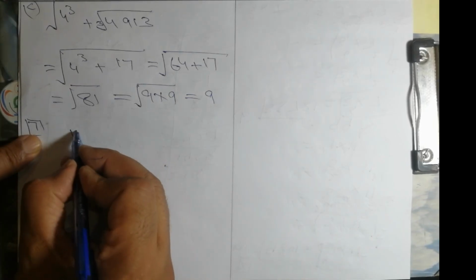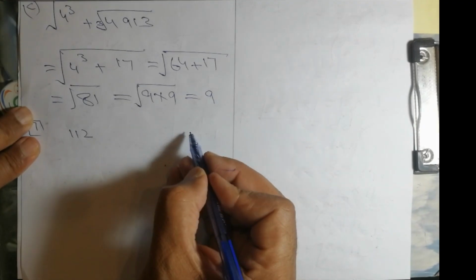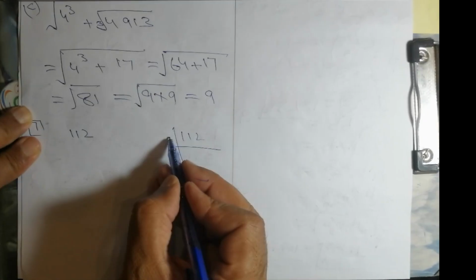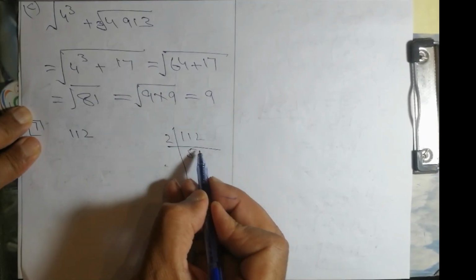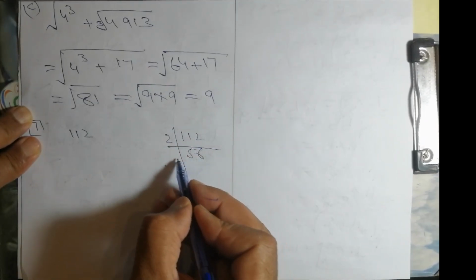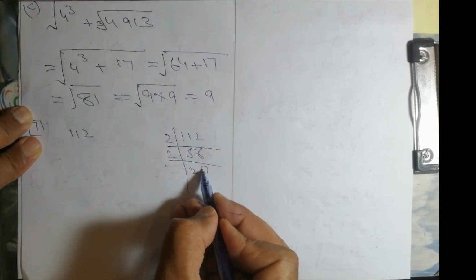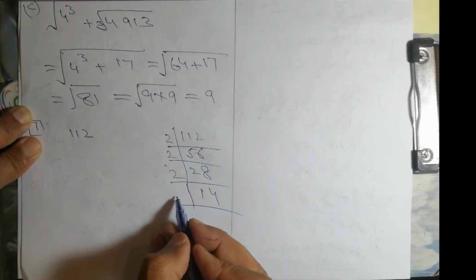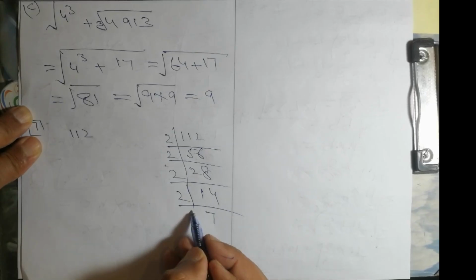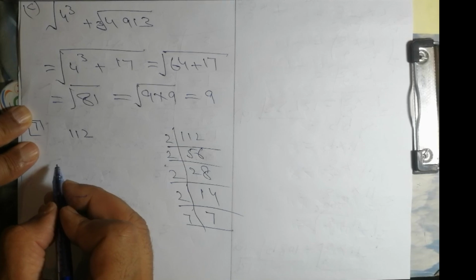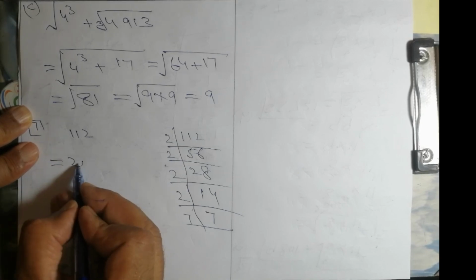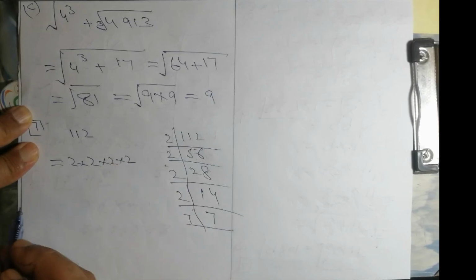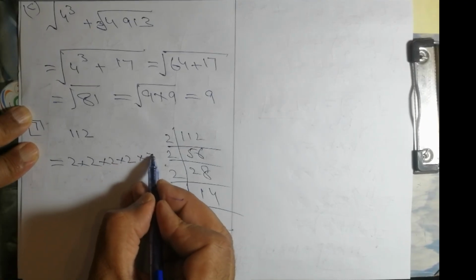So 112, if we make the factorization of 112, that is 2 into 2 into 2 into 2 into 7.